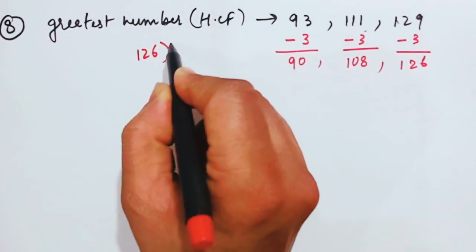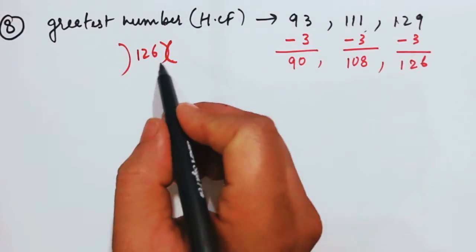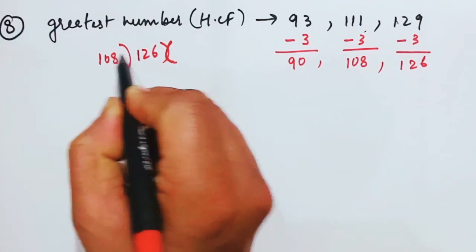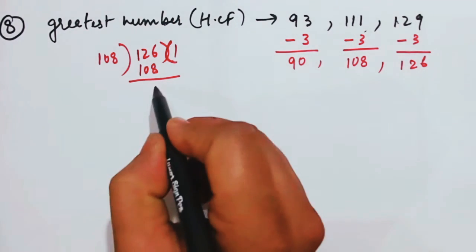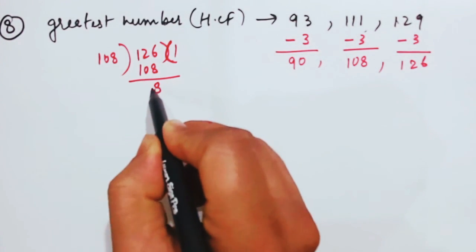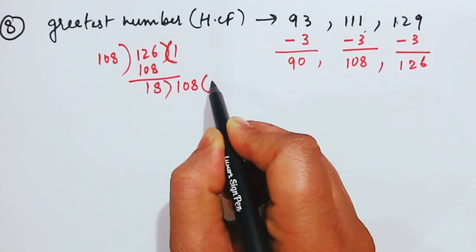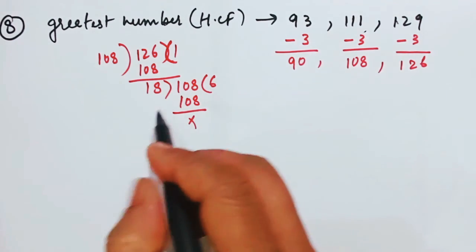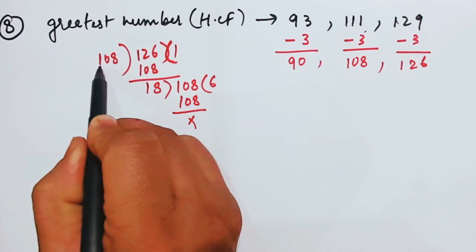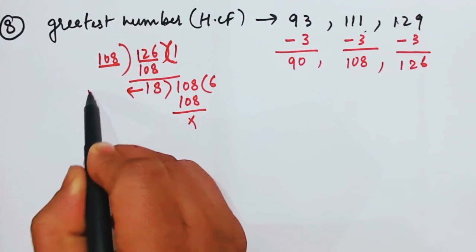And you know which method you are going to adopt? You are going to adopt only the division method. Okay, so here, 126 divided by 108, remainder 18. 108, 18 how many times? 18 sixes are 108. So I find that the HCF of these two numbers, 108 and 126, is 18.